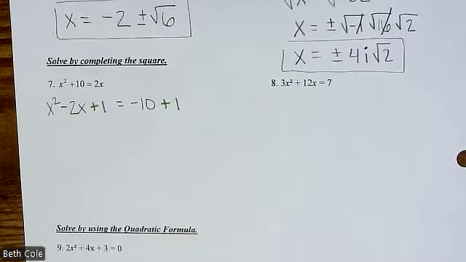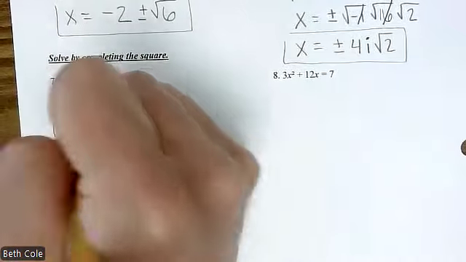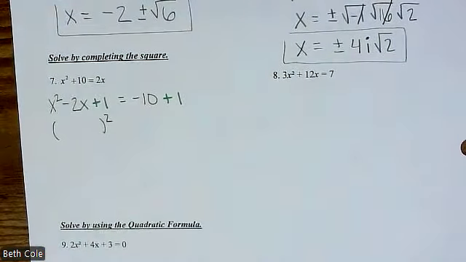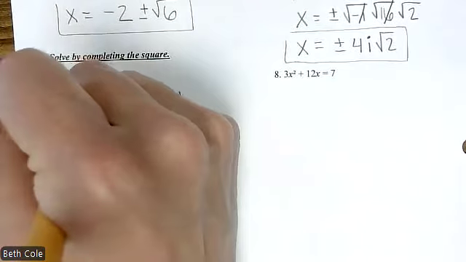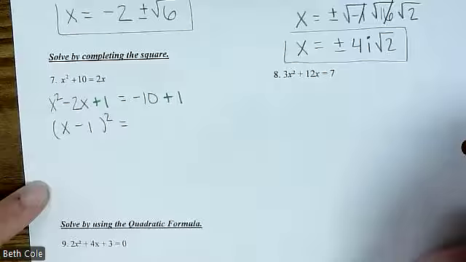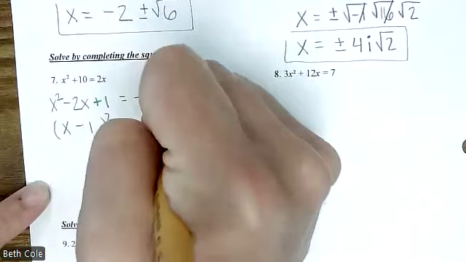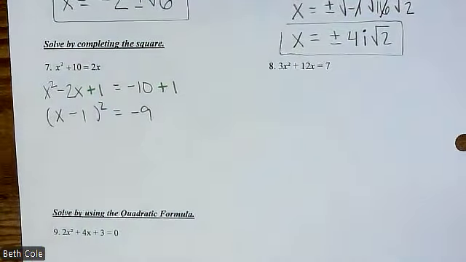It's divide by 2 and square. And the whole point of that is you can now write it as blank squared, and what's going to go in the blank? X minus 1. Good. And then on the right side, -9. That's what we did last time. Now we're just going to finish it up.